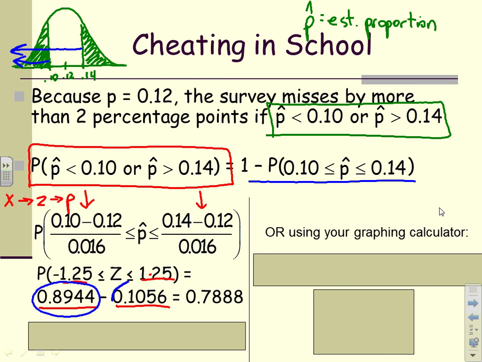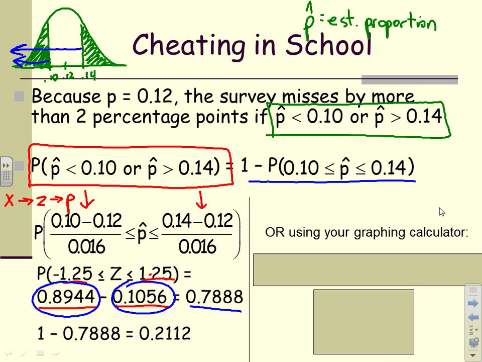That's the 0.1056. And to find the area in the middle, I'm going to subtract big minus little, and I'm going to get 0.7888. But again, that's the area in the middle. Then I have to come in and subtract it from 1 to get the areas to the outside. Okay? And that gives us our final answer there of 0.2112. Now that's doing it by hand using the formulas and the z-table.